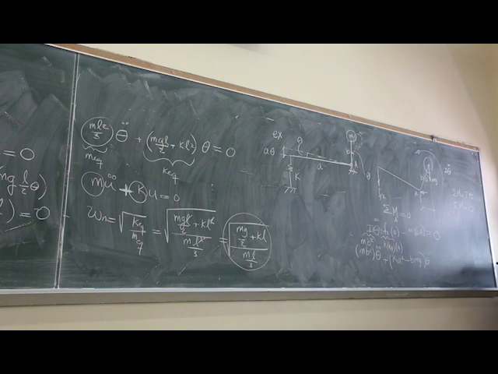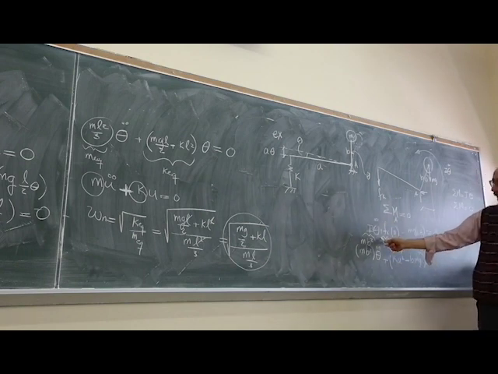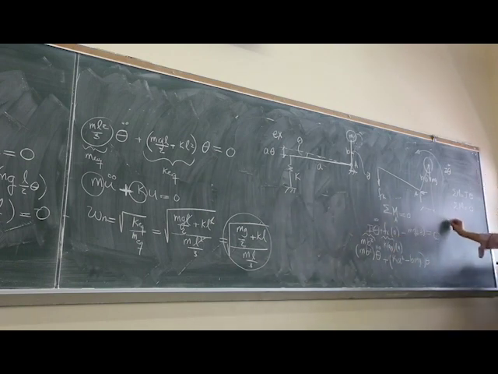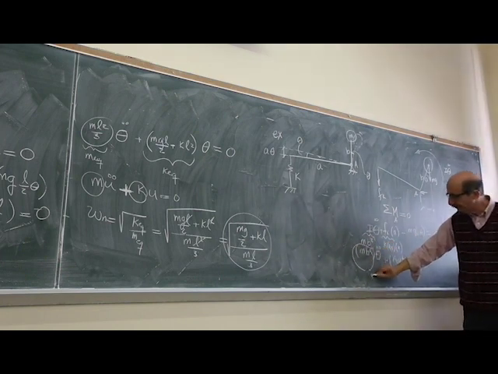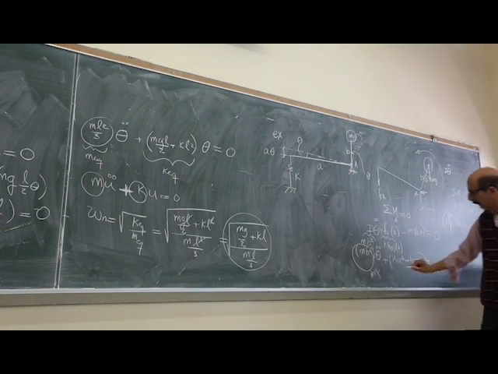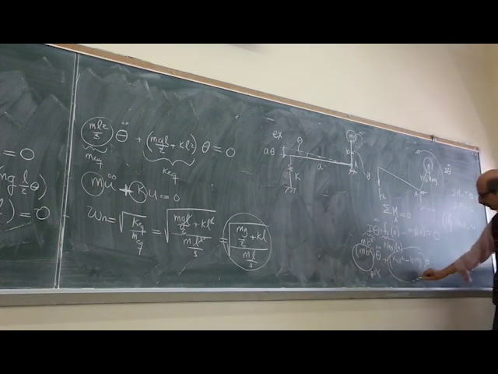Any other questions? Okay. So if you look at this, compare it with m u double dot plus k u equal to 0. This term is the equivalent mass, and this term is the equivalent k.